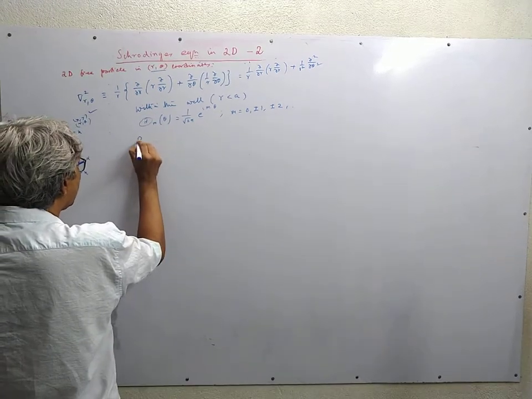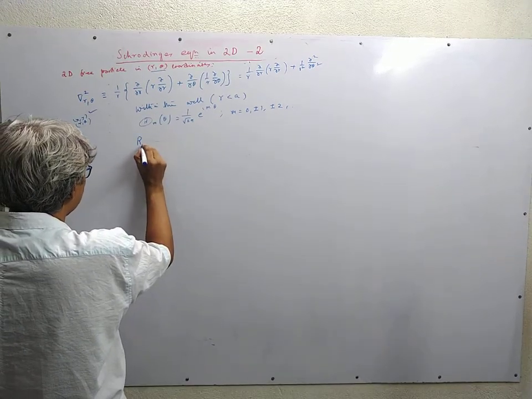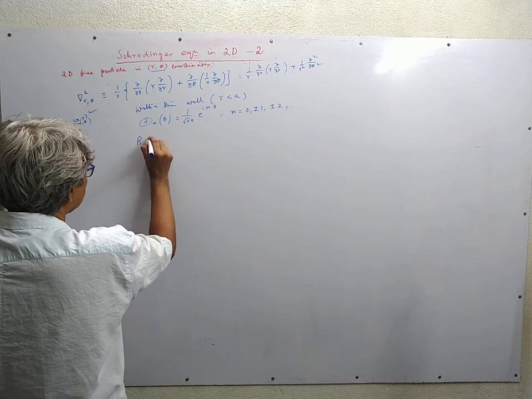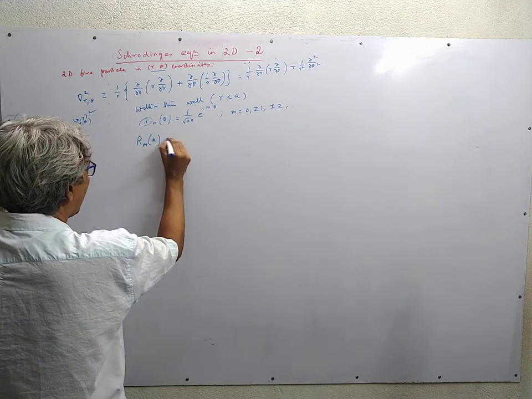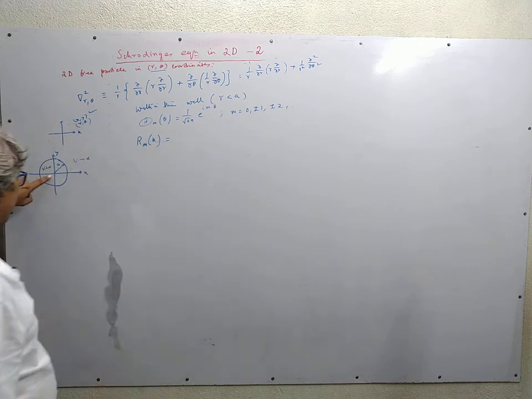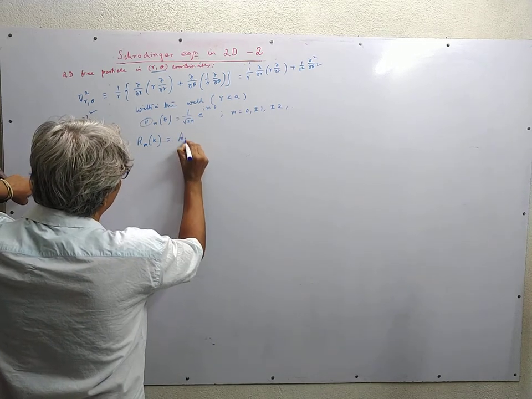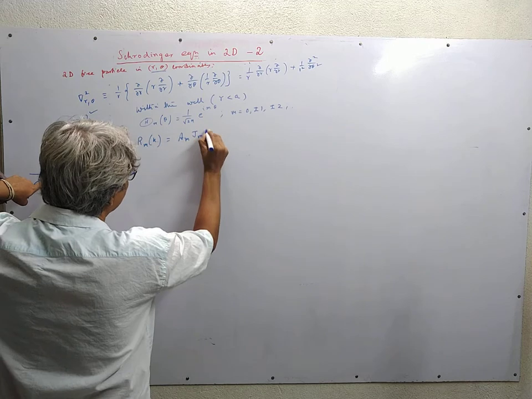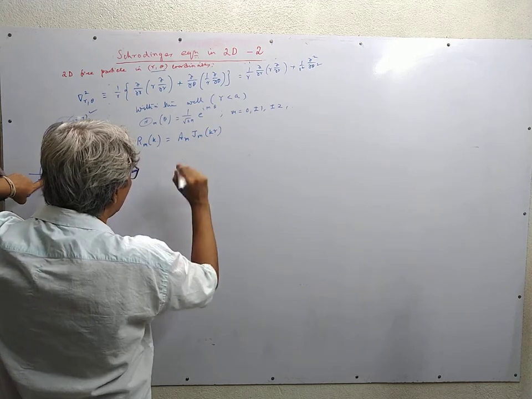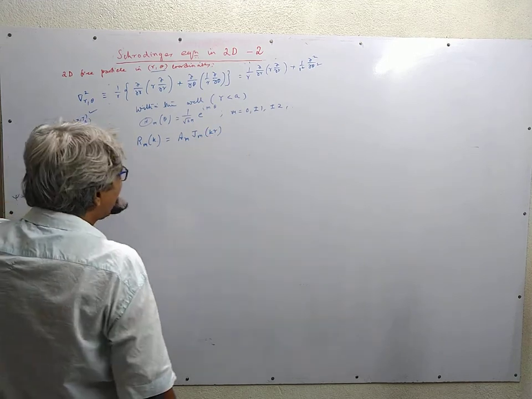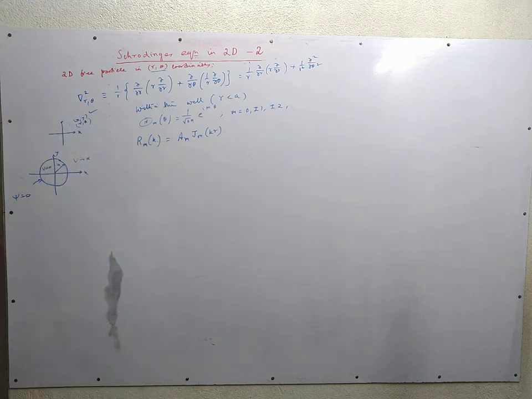And our equation depends on two things. One is on m, another one is on k, and for the wave function to be finite at the origin, it must be Am Jm of kr, where Jm is the Bessel function of first kind of order m.